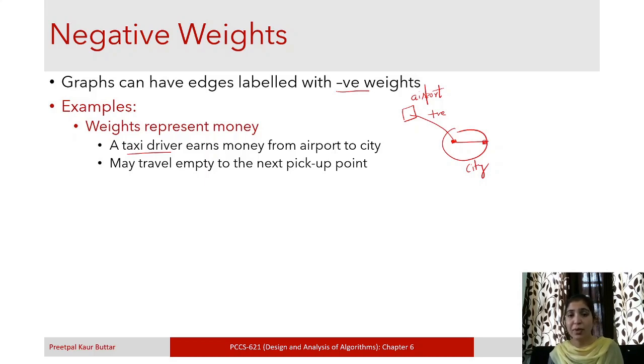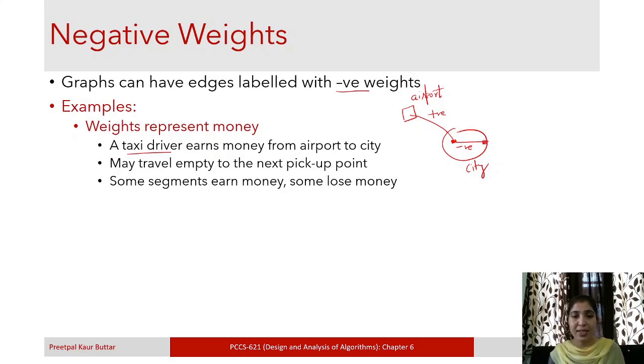Yes, because it will cost him to travel from this point to this point; he has to burn some fuel. So this is a negative edge. Some segments earn money and some segments lose money. This is one example where the edges can also have negative weights.